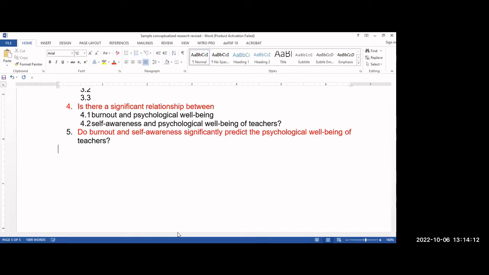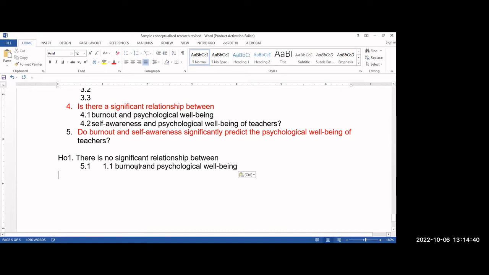So for example, number 4, we have HO1, we can just have this kind of hypothesis. There is no significant relationship. This is a null hypothesis between, okay, pwede mo isa-isahin, 1.1, burnout and psychological well-being.